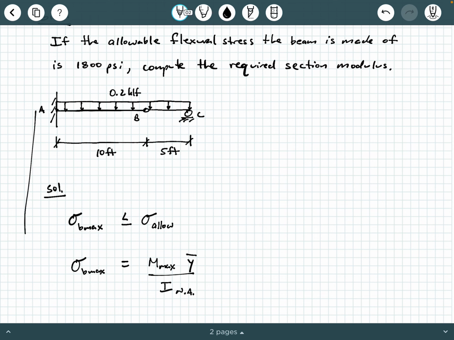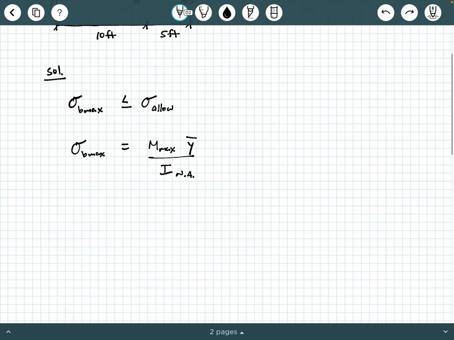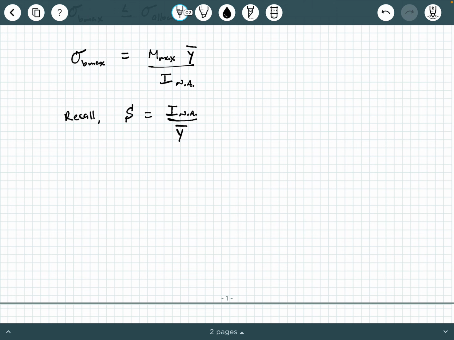So we need to recall that section modulus is simply a moment of inertia value divided by a centroidal location value, okay? So because of that, we can also write sigma B max is equal to M max over S, over section modulus.